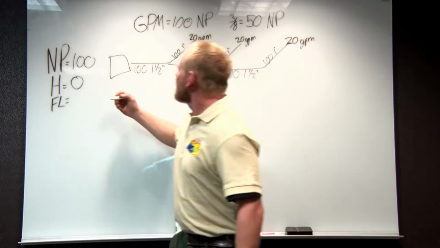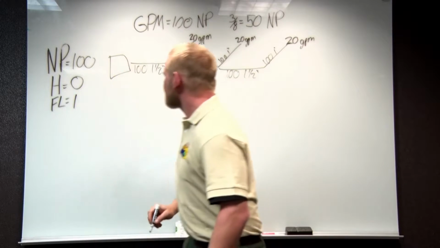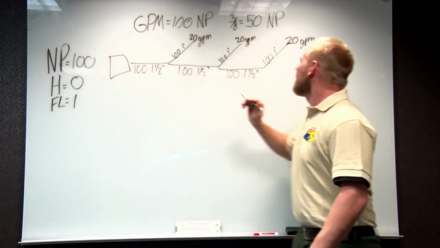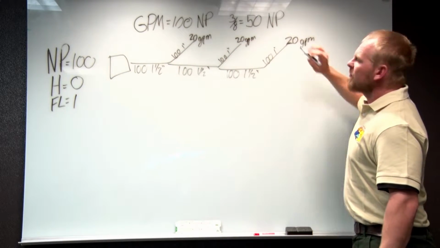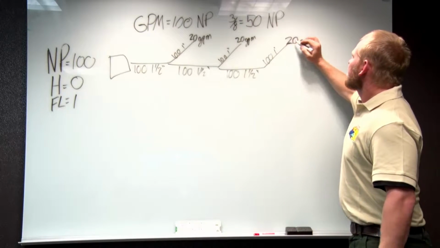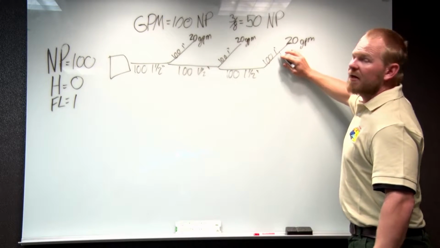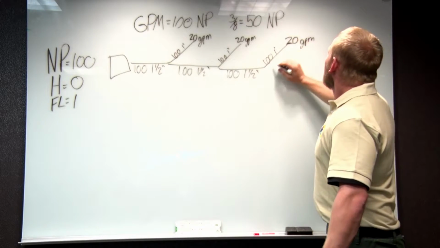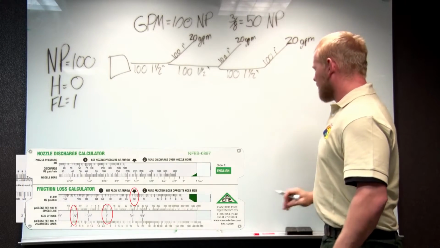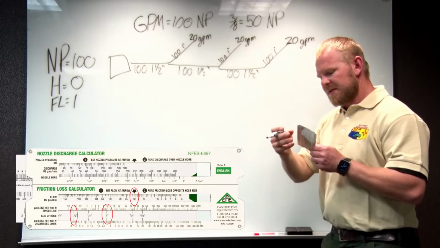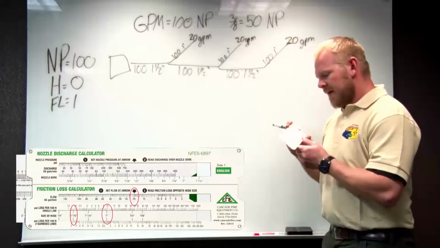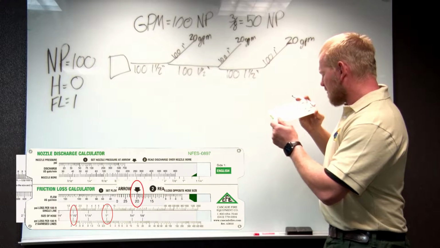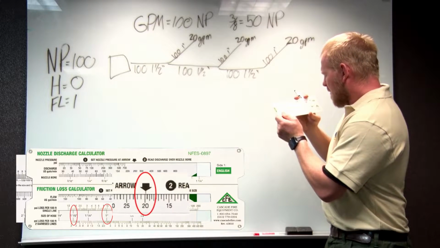Now we're at the friction loss. This is where it starts to lose some folks. I put a 1 there because I always start with my laterals at my nozzle. Always start with the farthest lateral, or the lateral with the most demand. So right here it's 20 gallons per minute. I'm going to take my calculator, and in the middle of the calculator there's a row that asks for the flow.